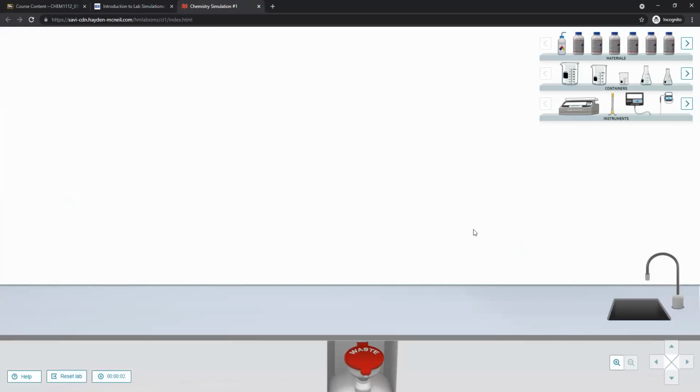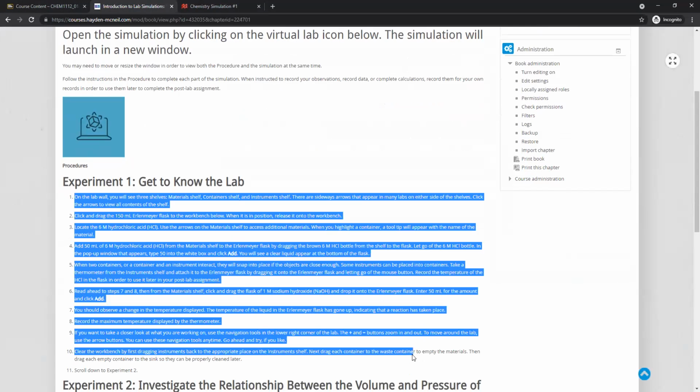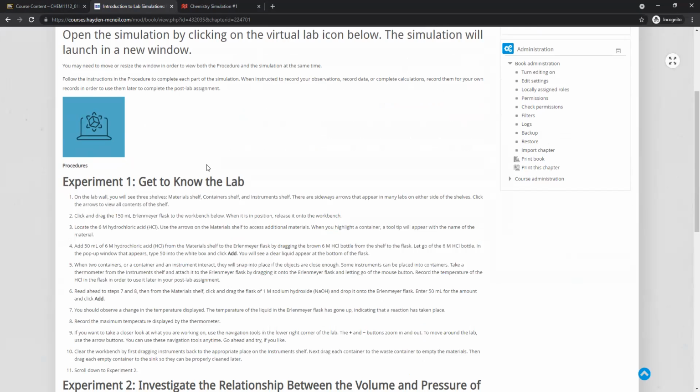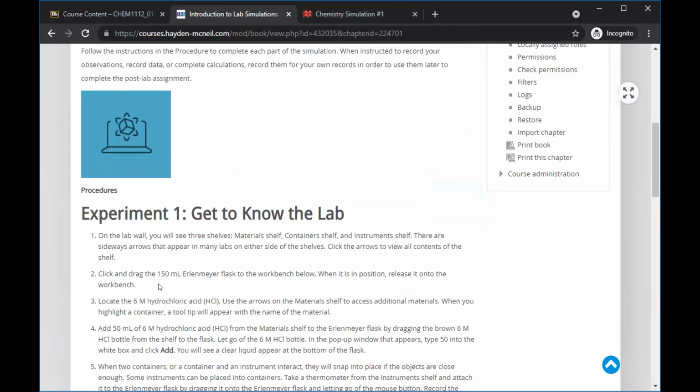Now, when doing simulations, if we go back to our previous tab, this will have our protocol in it. So you need both tabs at the same time. You need the simulation tab and you need the protocol tab as well, so you can switch back and forth. So let me just do the first couple steps of this protocol so there's no confusion.